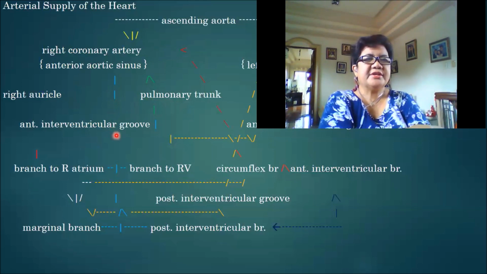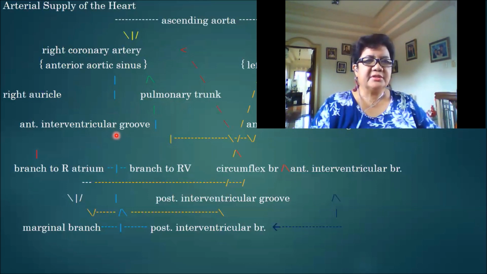As it courses there, it will give branches to the right atrium and the right ventricle. Then it will go around to the posterior interventricular groove, and there it will give another branch, your marginal branch, and your posterior interventricular branch.